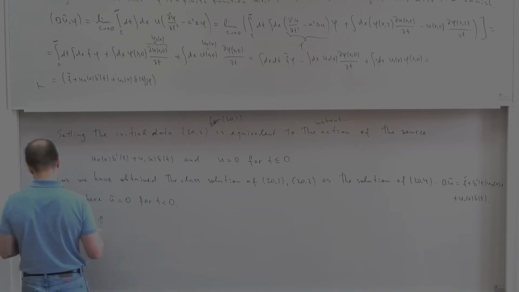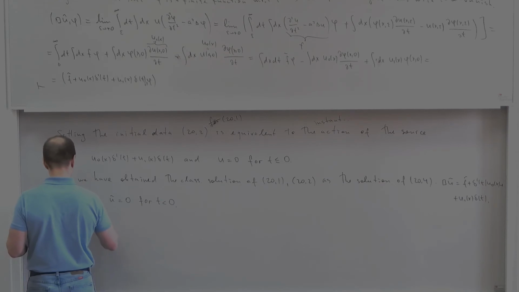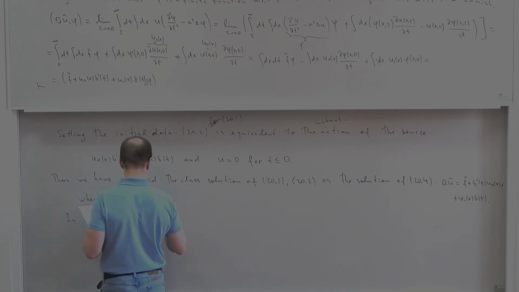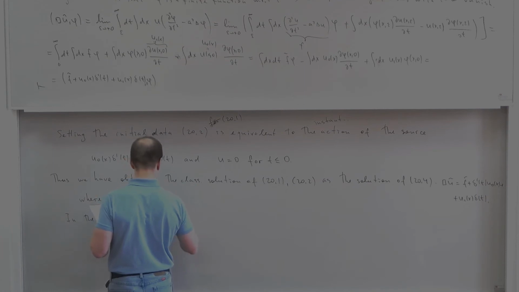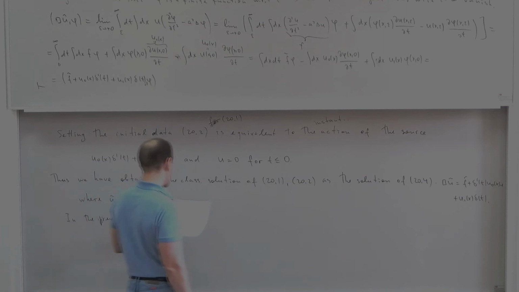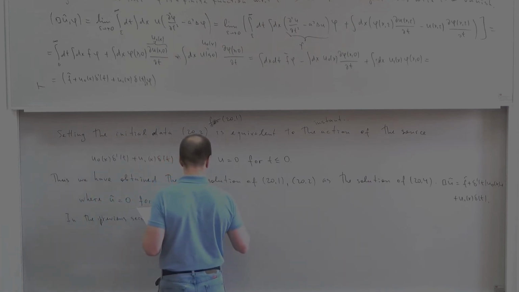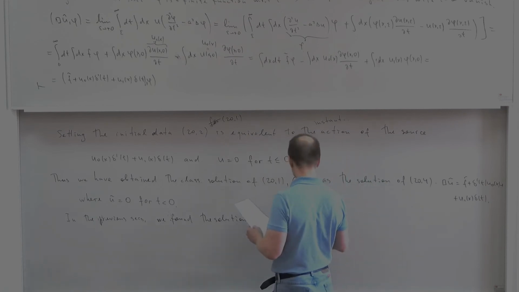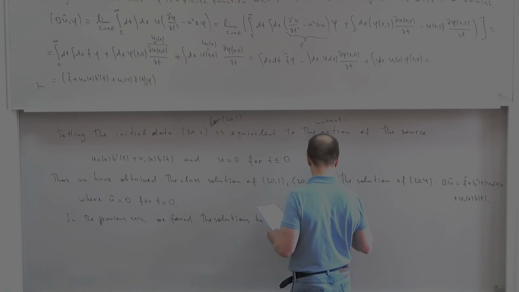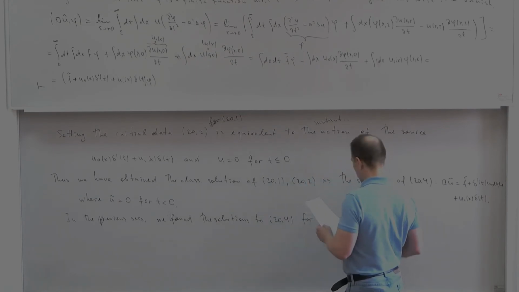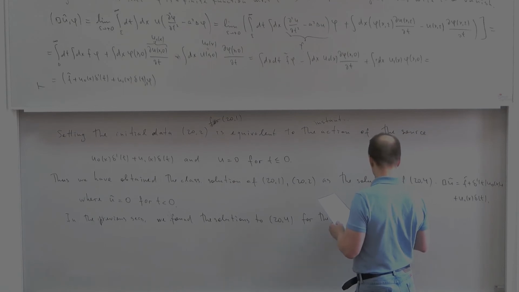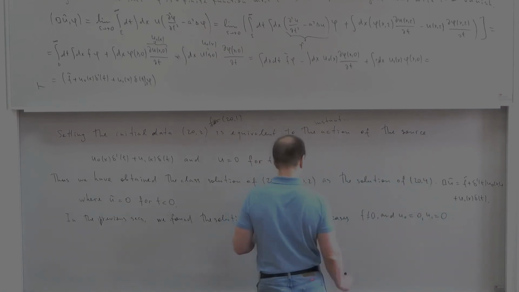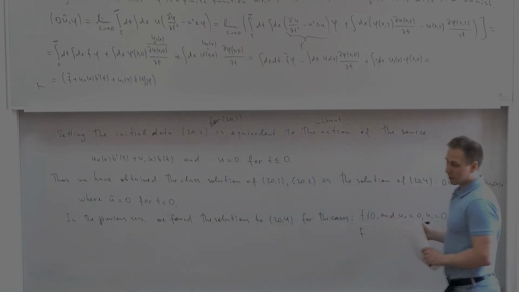In the above sections, the previous sections, we have found the solutions to equation 20.4 for the cases f is not equal to 0 and u0 and u1 vanish. And this is the retarded potential V0.